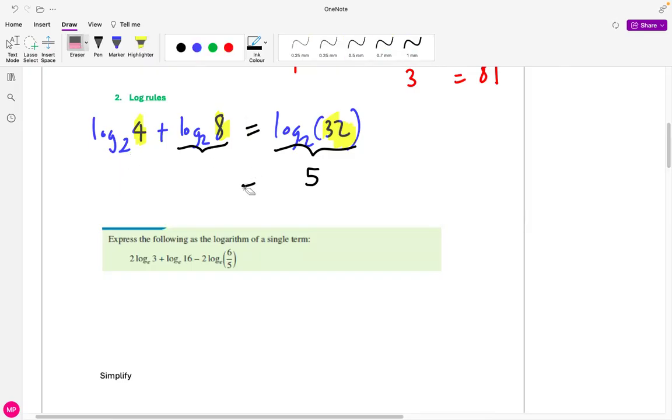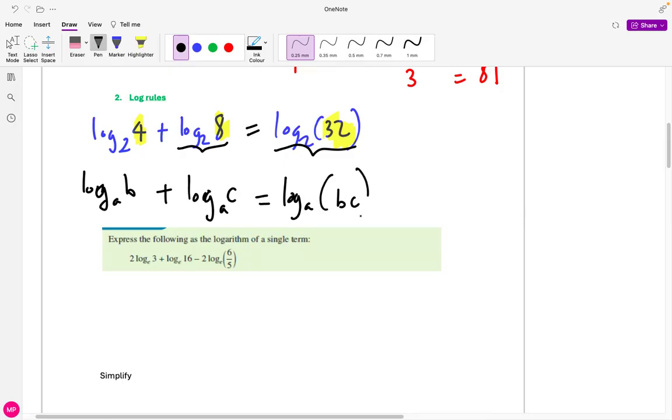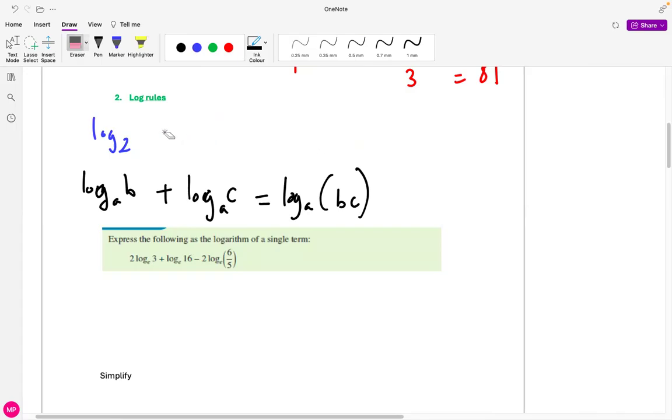If we generalize this, we have log A of B plus log A of C. When you add two logs, you can combine them into one log by multiplying B and C together, so log A of B times C. Oppositely, if you do the minus, it becomes a division. So another rule is log A of B take away log A of C gives log A of B over C.